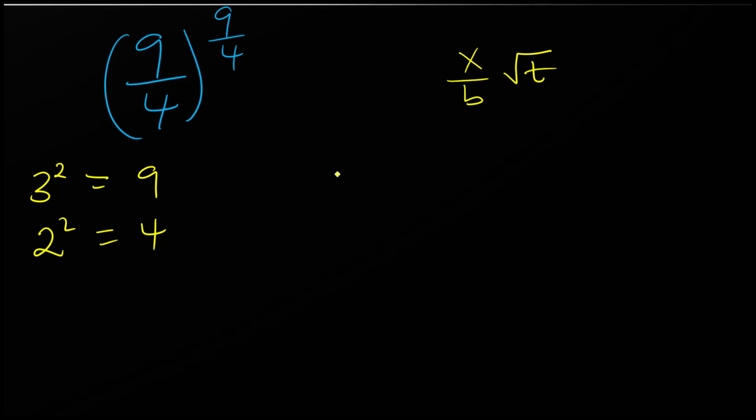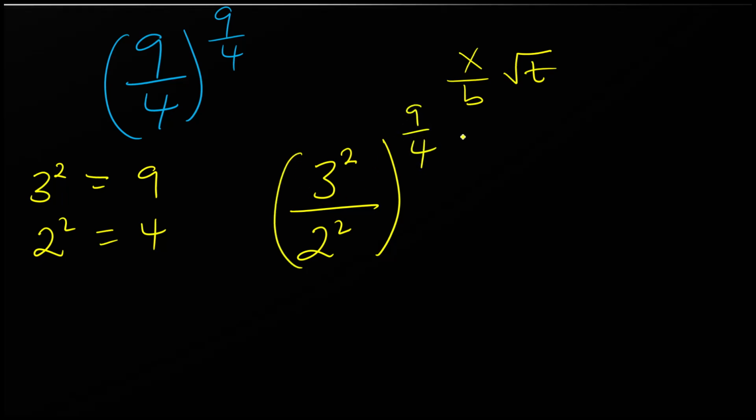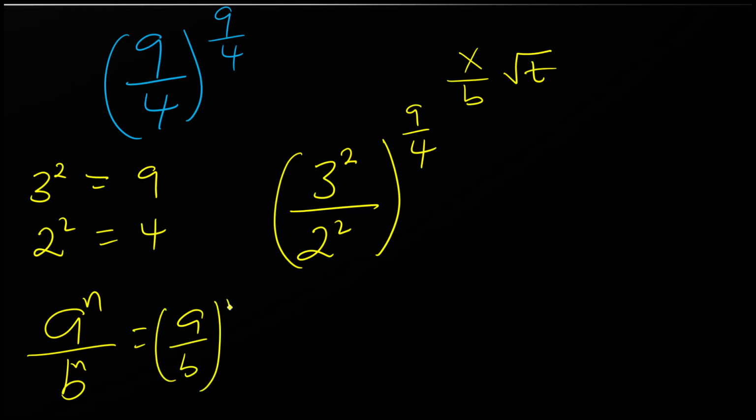So we can write this one as (3 squared over 2 squared) all raised to 9/4. Now, when we have a to the power n over b to the power n, it is the same as (a over b) all to the power n.